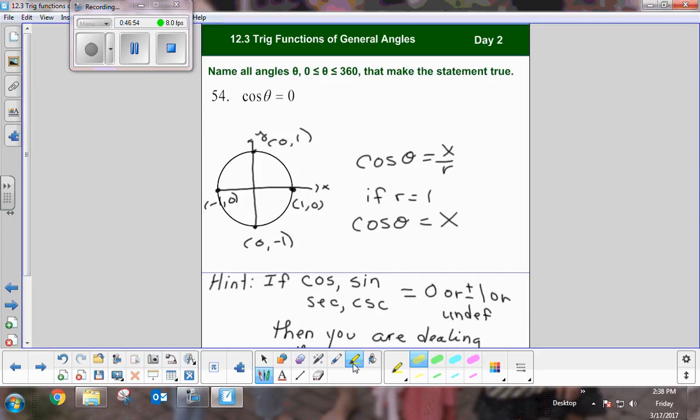Well, x is equal to 0 here and here. How many degrees am I rotating to get to those points? This corresponds to 90 degrees, and this one corresponds to 270 degrees. So what's theta? 90 degrees or 270 degrees?